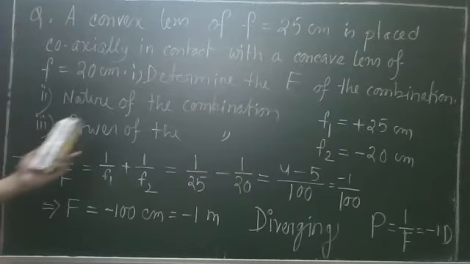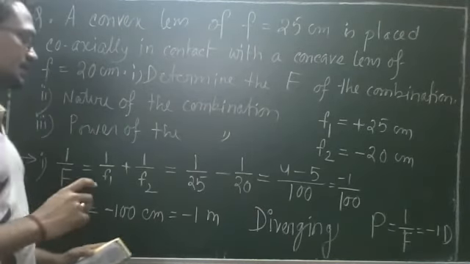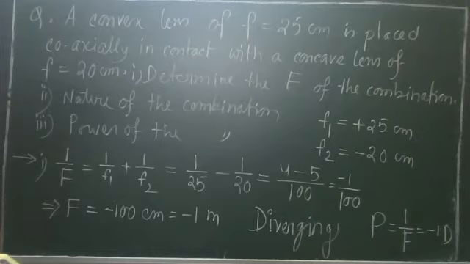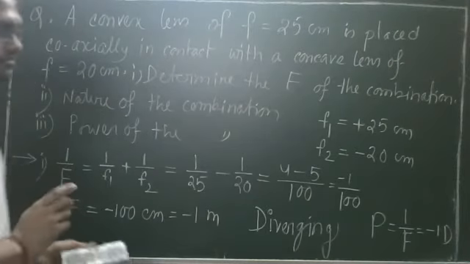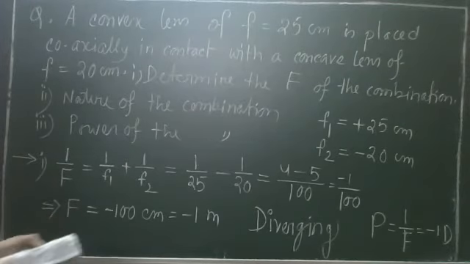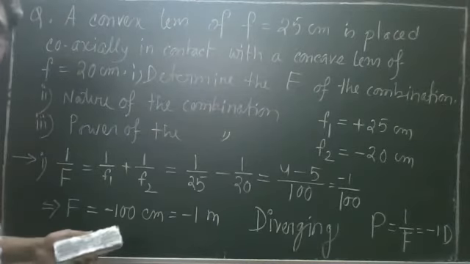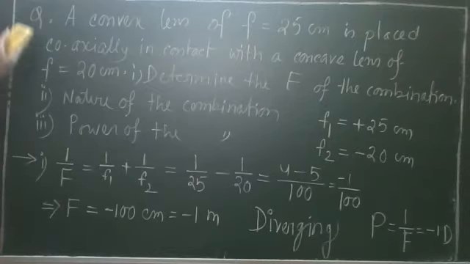This is the one numerical related to lens combination. Clear? I am erasing this.